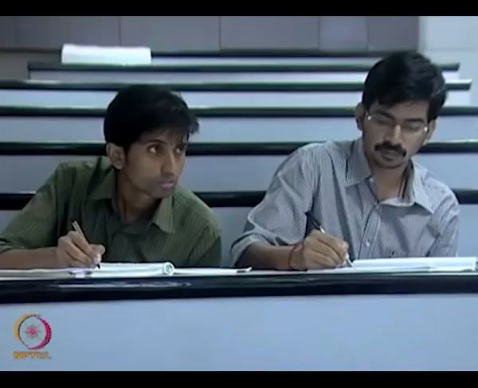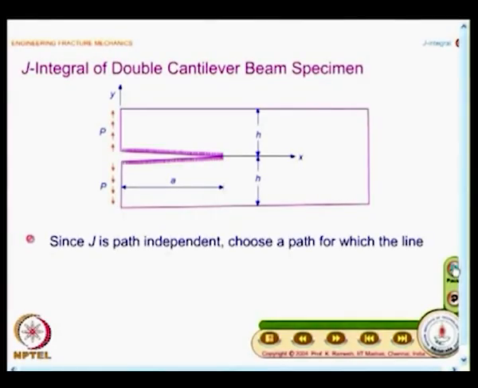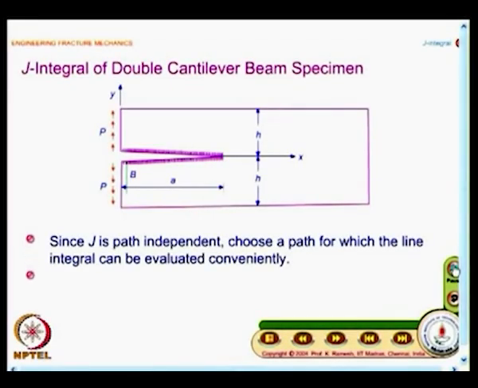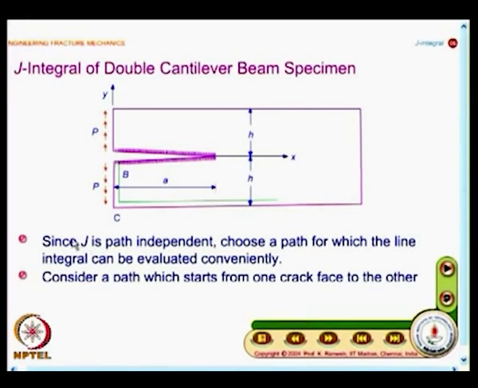So, we will take up a problem which we have already solved as part of linear elasticity. What you have here is a double cantilever beam specimen. You have a crack, and the cantilever beam specimen is opened by the load P as shown. See, the moment you come to elasticity, you show that as a distributed loading.